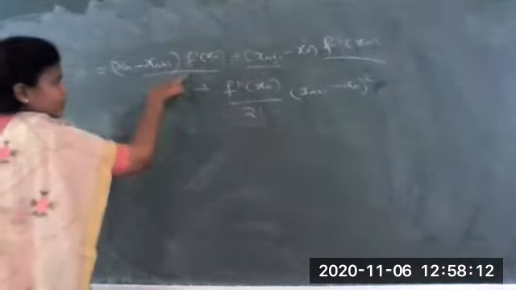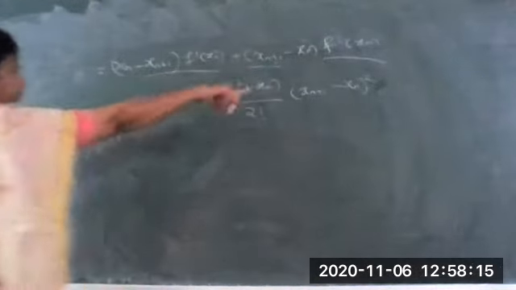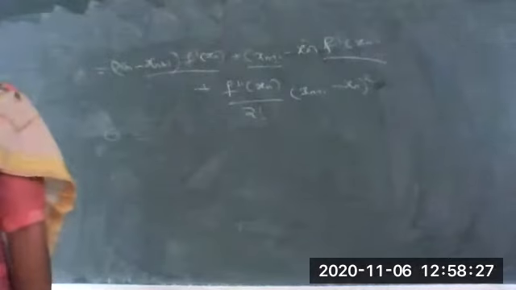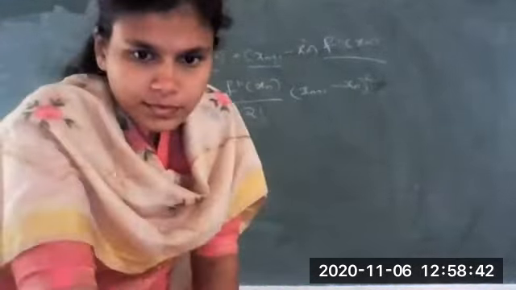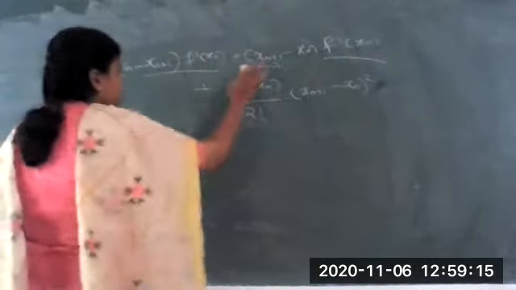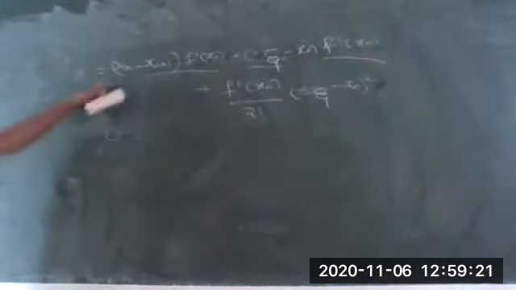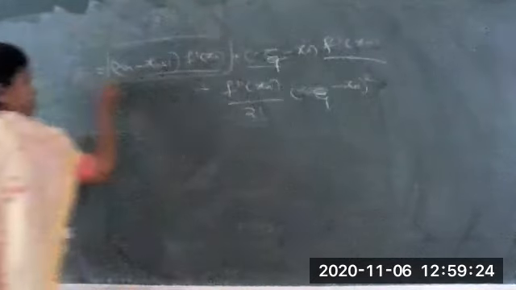Here we have xn into f dash of xn. Here we can write zeta instead of xn plus 1. This term we have put as it is because we have obtained it from our formula.